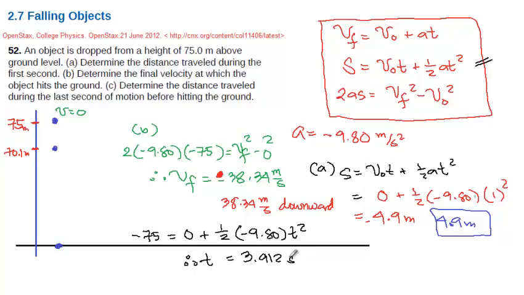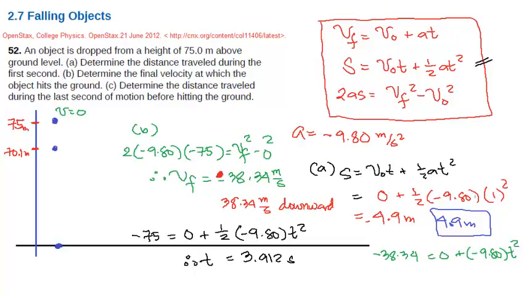3.912 seconds. Of course, I think you can still get the same thing if you use this equation. You use VF and V0, right? Using this equation here for the first one, let us just try to show if we can get that. VF is negative 38.34. V0 is 0. A is negative 9.80 times t.